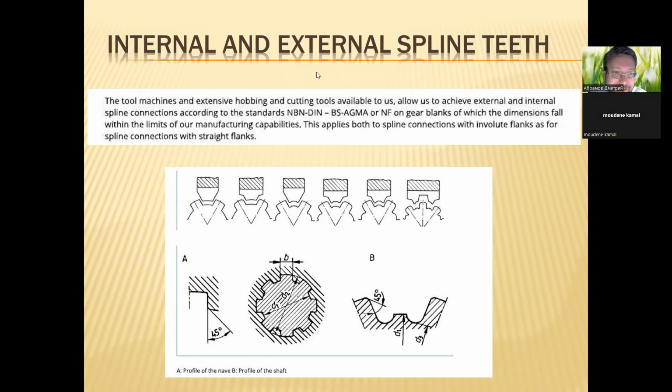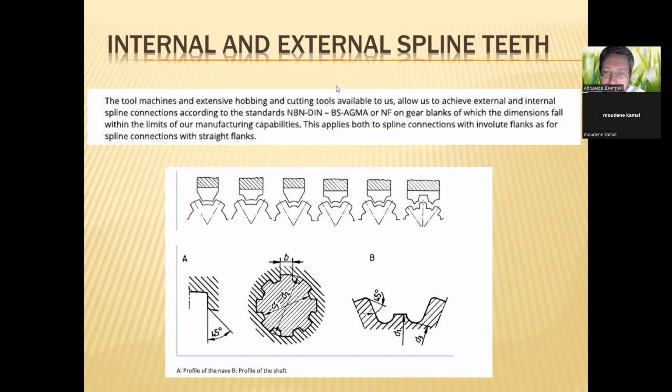The tool machines and extensive hobbing and cutting tools available to us allow us to achieve external and internal spline connections according to the standards NBN, DIN, BS, AGMA, or NF on blanks, of which the dimensions fall within the limits of our manufacturing capabilities.